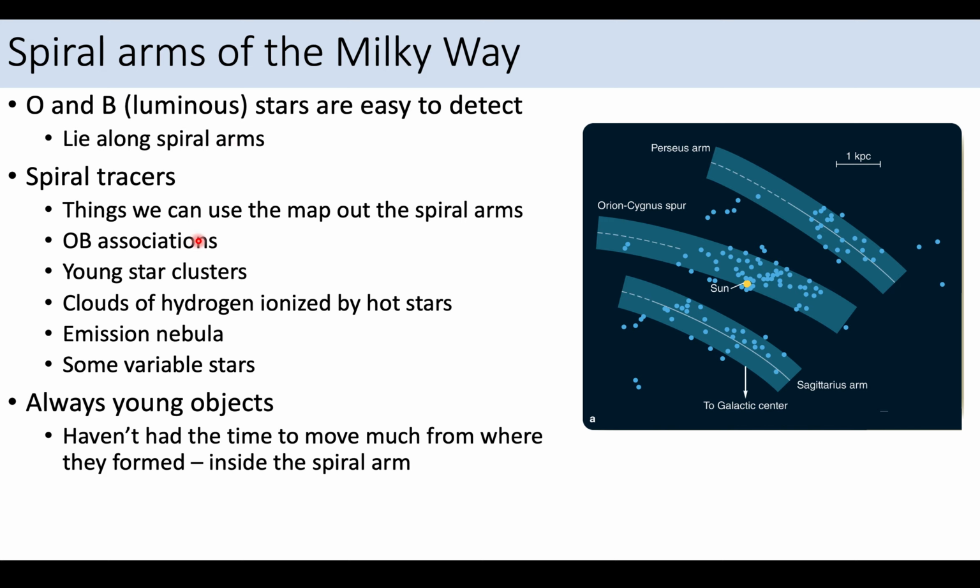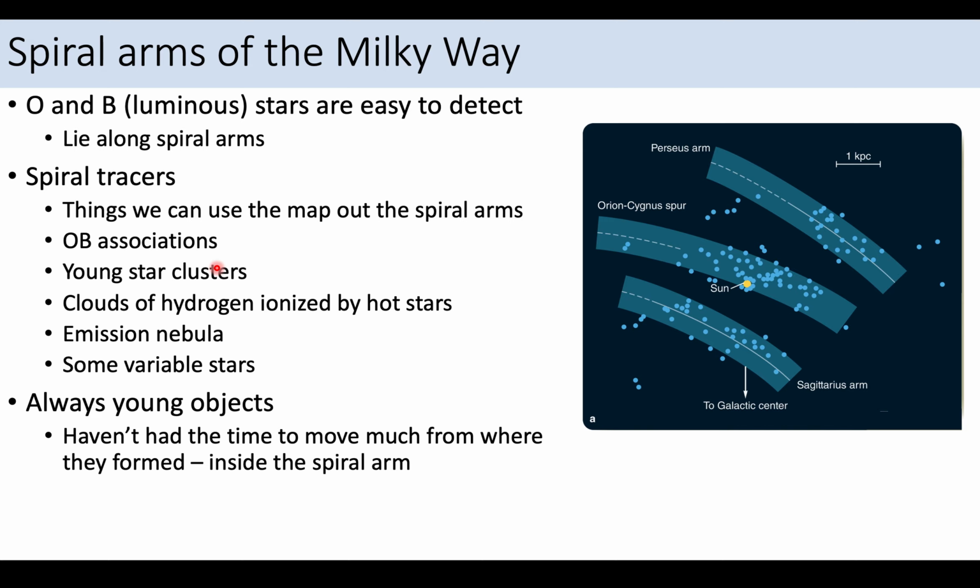Groups of these stars are rather easy to detect. Also young star clusters, because we know that a lot of star formation occurs in these spiral arms. We would be looking for clusters of young stars. Emission nebulae, some variable stars as well, and clouds of hydrogen that's been ionized by these very hot stars nearby.